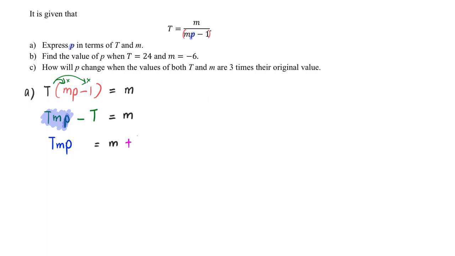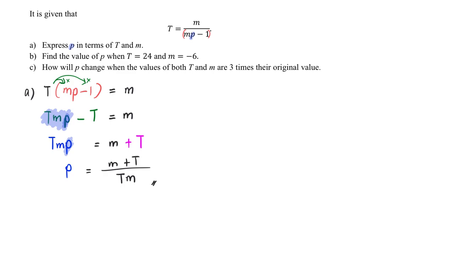Then finally, because I only need my P, I am going to divide by Tm on both sides. And with that, I have successfully made P the subject, because P is at the left hand side.